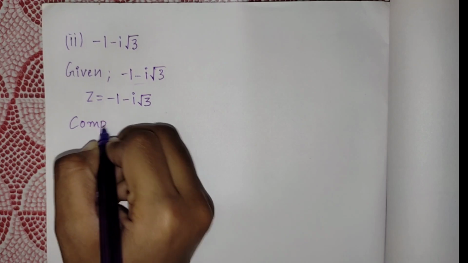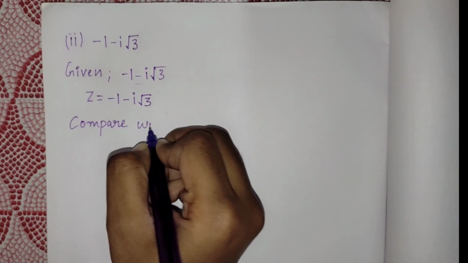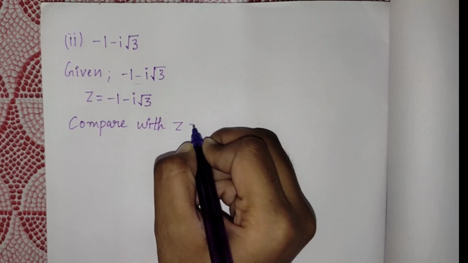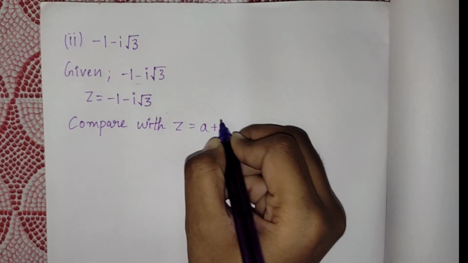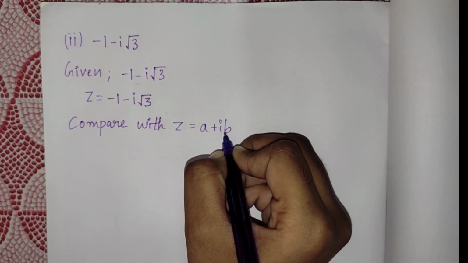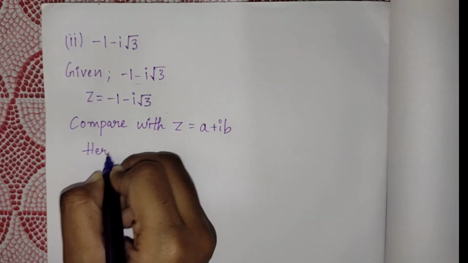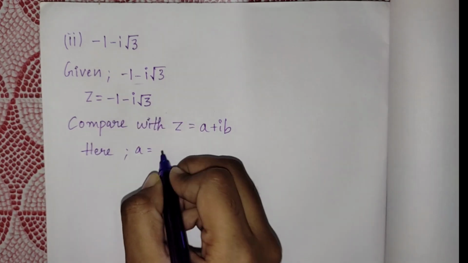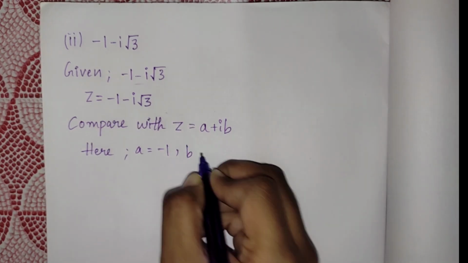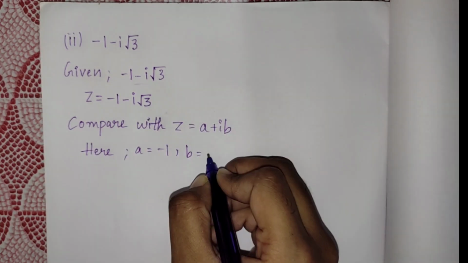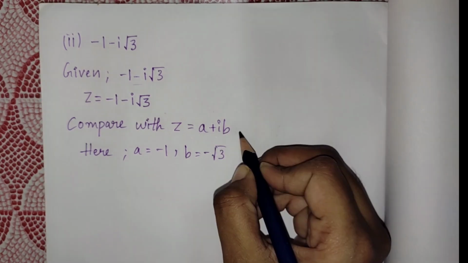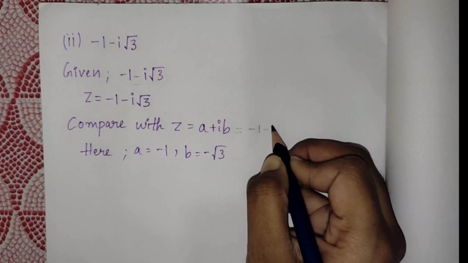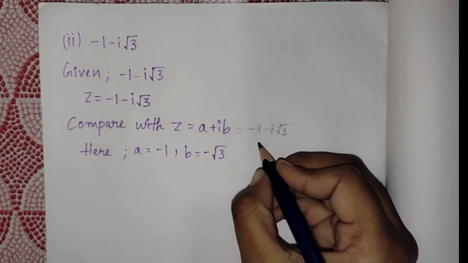Compare with z equal to a plus ib. Here a equal to minus 1, b is equal to minus root 3.